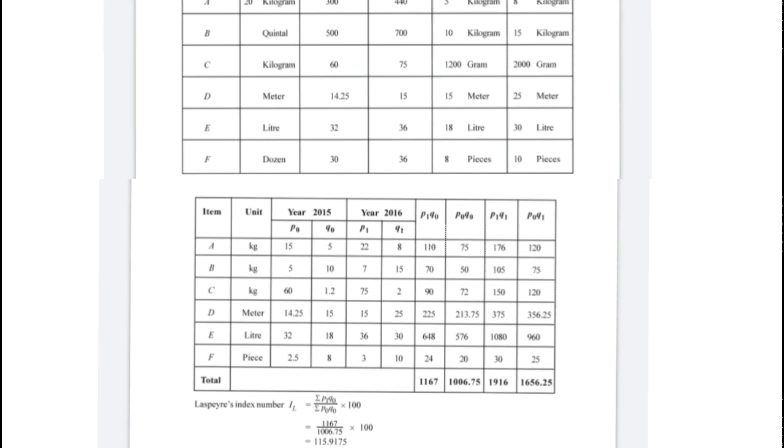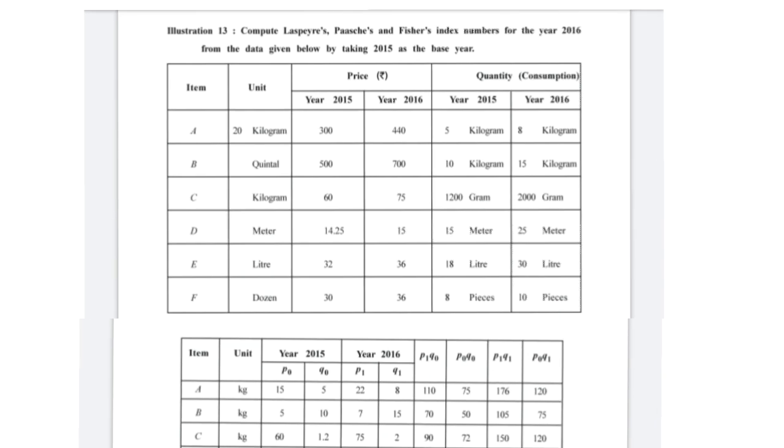Now solving example number 13. Compute Laspeyres, Paasche and Fisher's index number for the year 2016 from the given data below by taking 2015 as the base year. See here, once again the unit column is given, and in that particular unit column some numbers are also given. Two prices are given, 2015 and 2016, so P0 and P1.